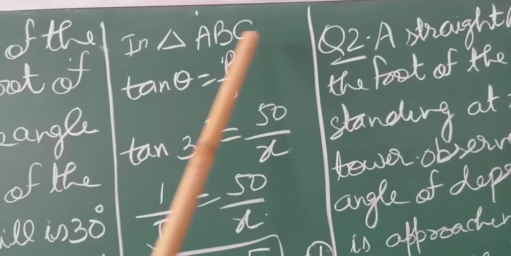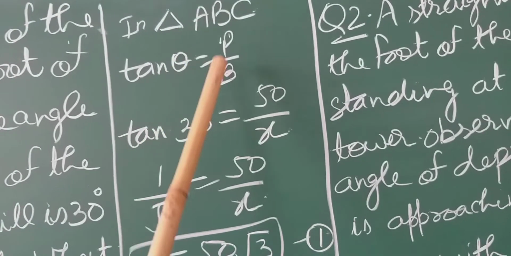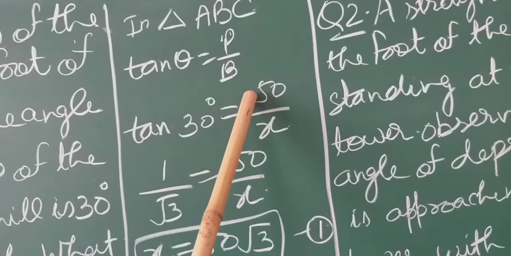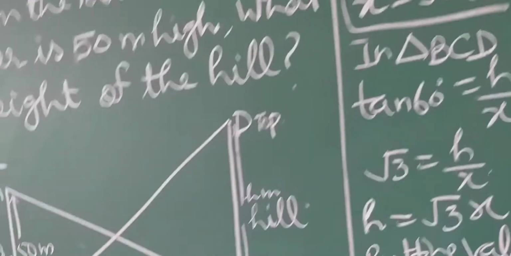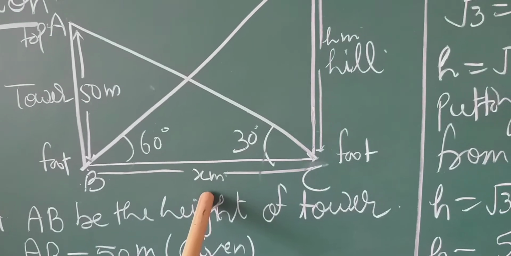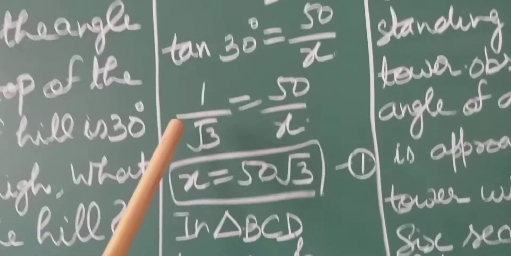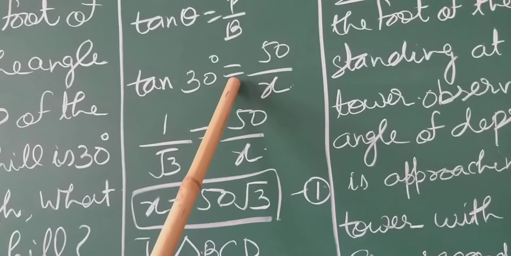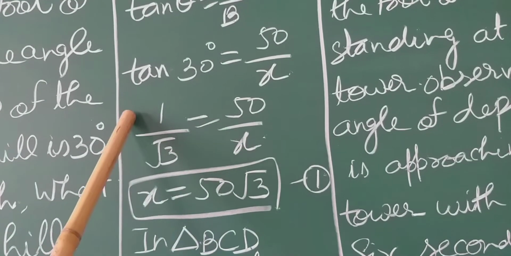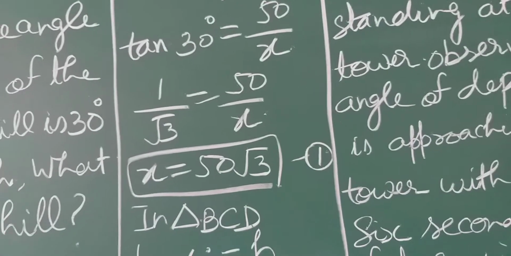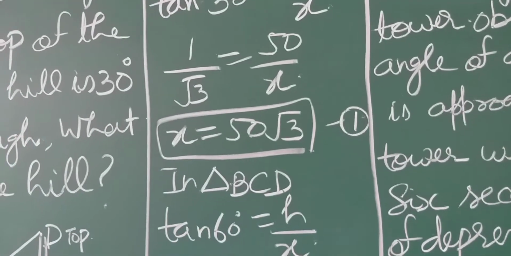So in triangle ABC, tan theta equals P upon B, tan theta value 30 degrees, perpendicular 50, base x. Tan 30 equals perpendicular 50 and base x. So now students, tan 30 value 1 upon root 3 equals 50 upon x, cross multiplication, x equals 50 root 3, equation number 1.